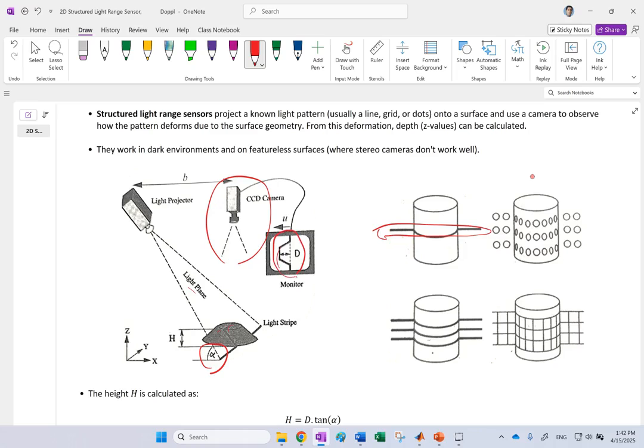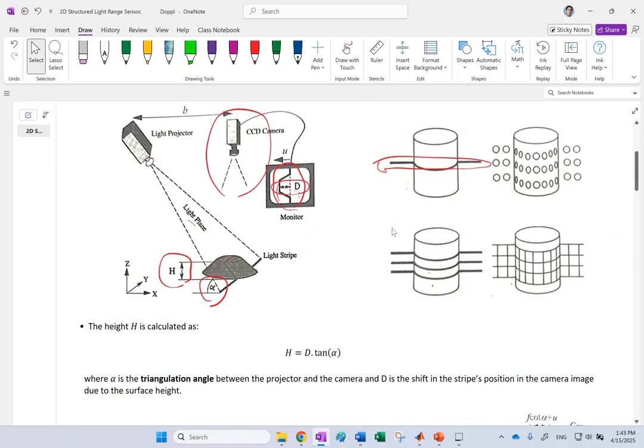But you will see that this light in the middle has a shift D, which you might even call disparity. The actual physical height of the part can be related to D and alpha. Looking at the geometry, the relation between H, which is opposite angle alpha, and D, which is adjacent to it, is H equals D tangent of alpha.